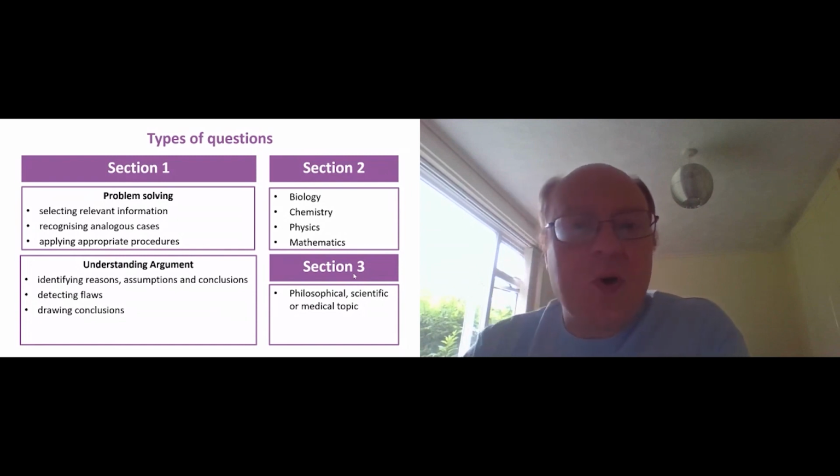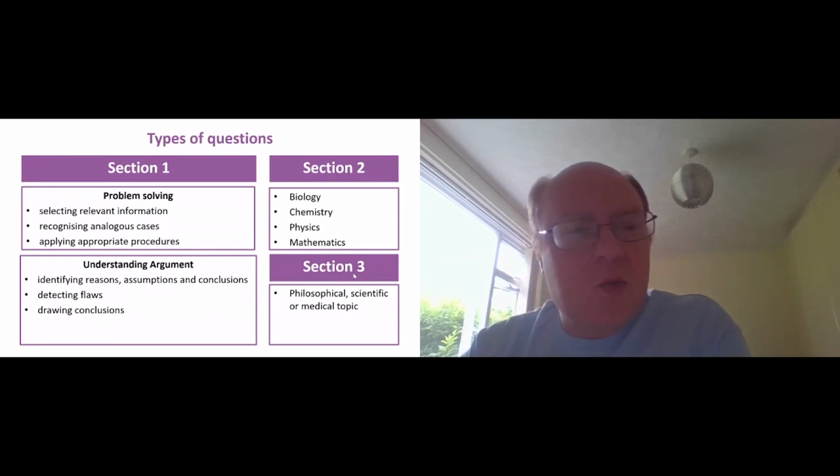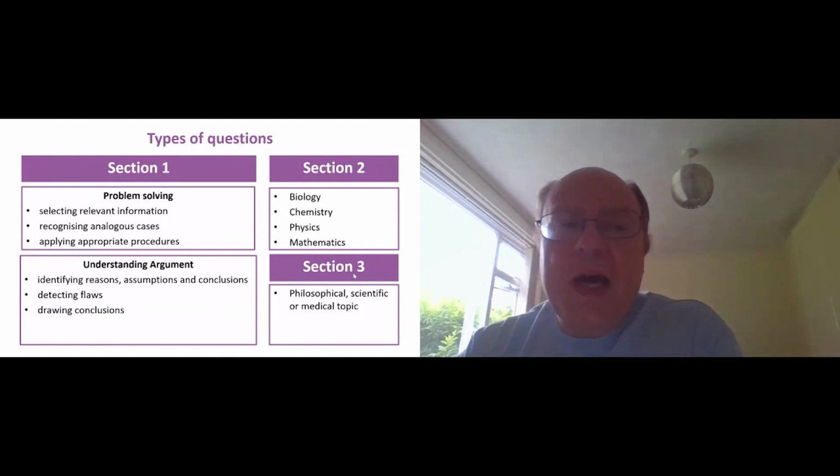So this example is taken from a BMAT paper, I think in 2014, if I remember correctly. This is an example of an understanding argument question. As I said, you have 1 hour and 32 questions in section 1.